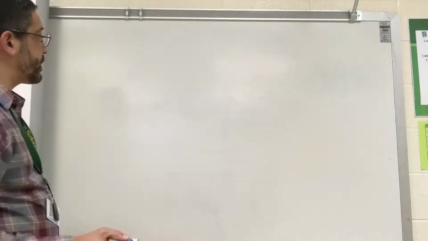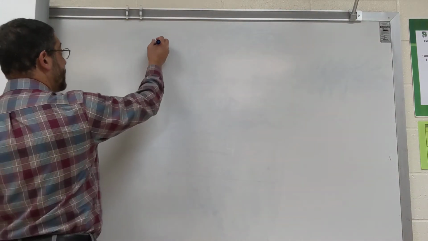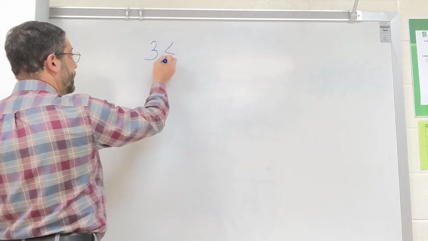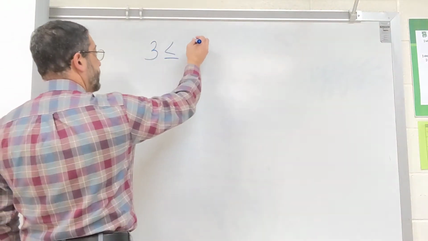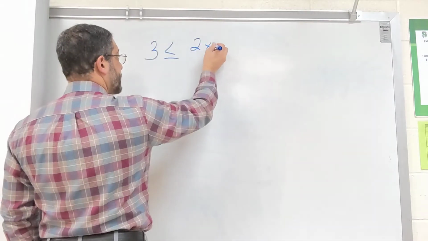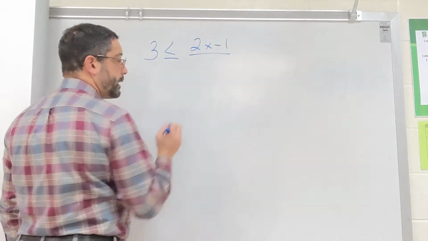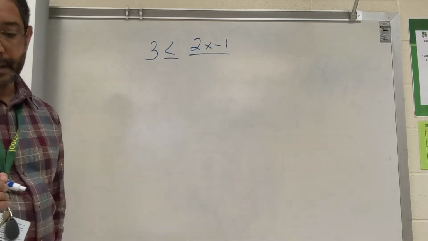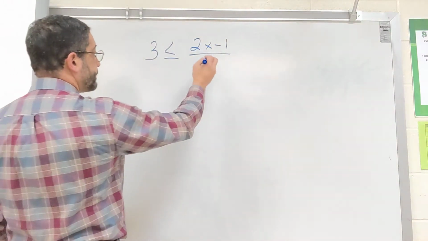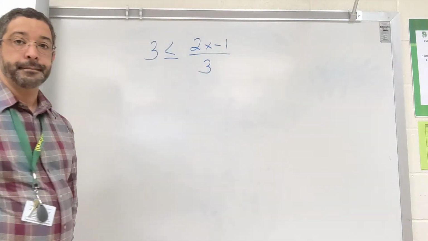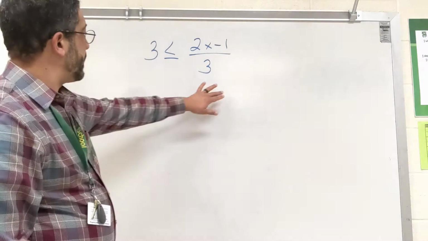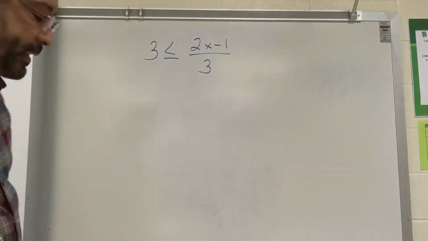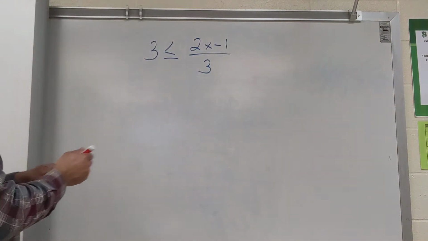All right, so my next one is going to be 3 is less than or equal to 2x minus 1 divided by 3. Okay, so whenever I have an inequality, I cross multiply the same as I would if this was a normal cross product.